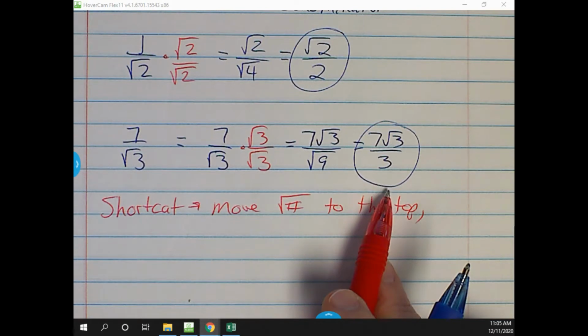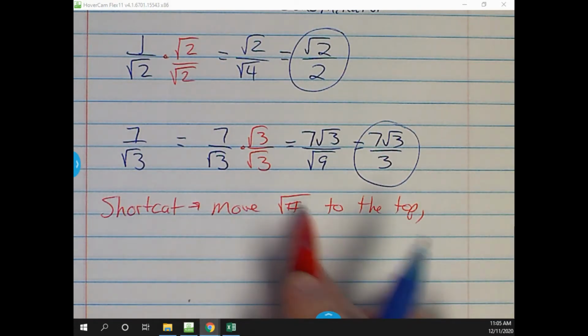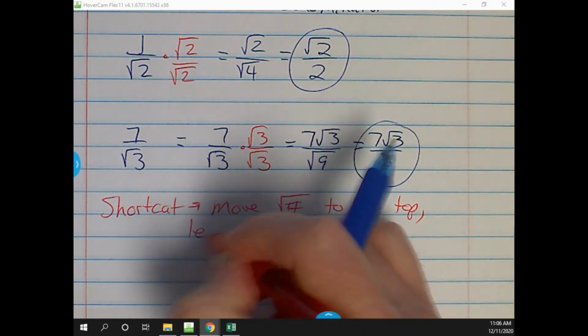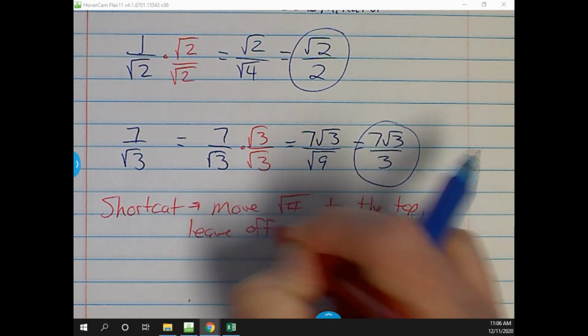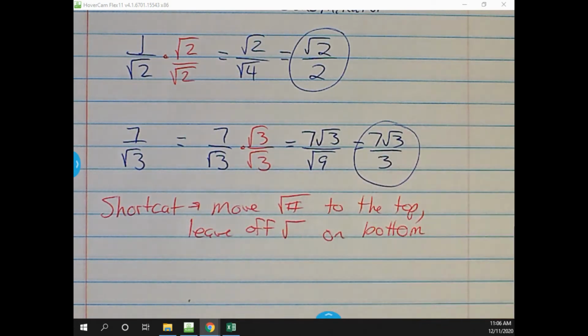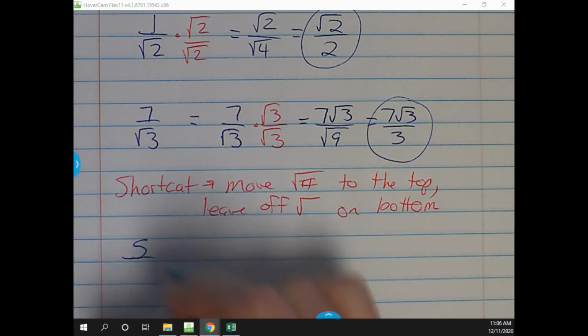So the shortcut is you move the square root of whatever the number is to the top, and you leave off the square root on the bottom. It's not a huge square root, but when we start doing things, sometimes it's going to speed up the process a little bit. So, if we were doing 5 over the square root of 7.